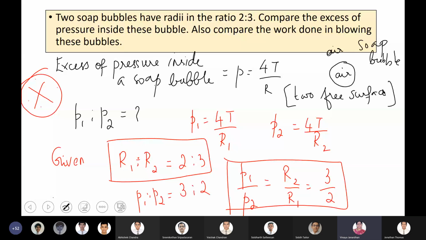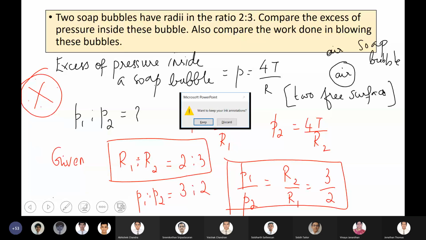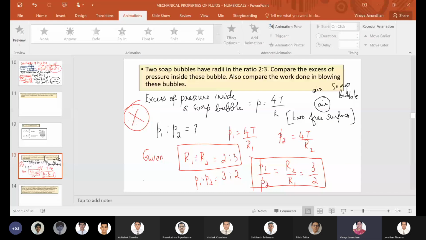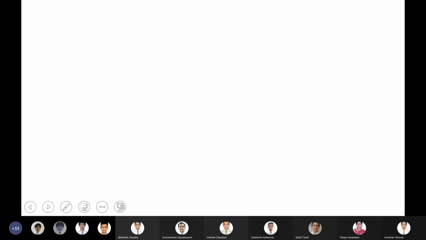Right. Now we'll have to go for the next one. Compare the work done. Work done is nothing but the increase in the energy. Second part: work done in blowing the bubbles.